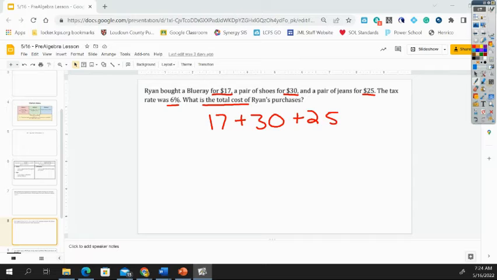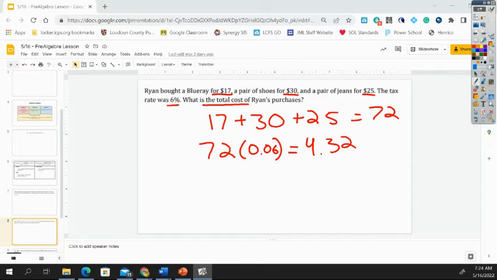I'm going to add that together: 17 plus 30 plus 25. And that gives me $72. So it's cost him $72 right now. Let's add the tax. We'll do 72 times 6% as a decimal, 0.06. We'll multiply them, and it turns out that the tax is going to be $4.32.